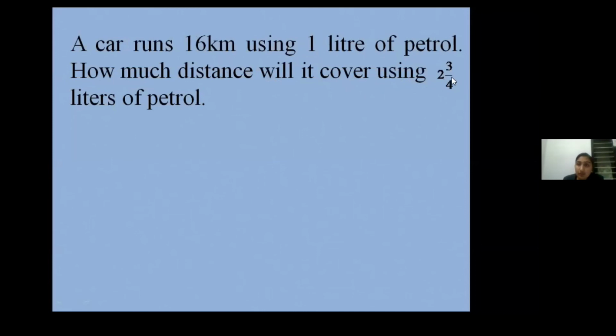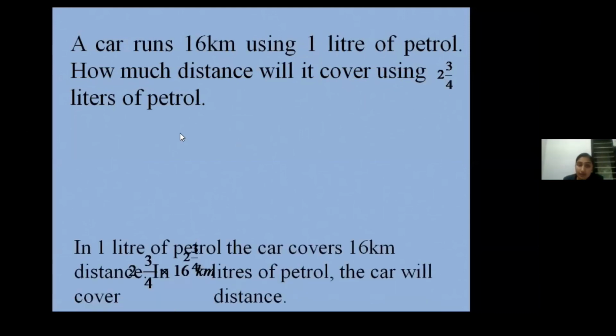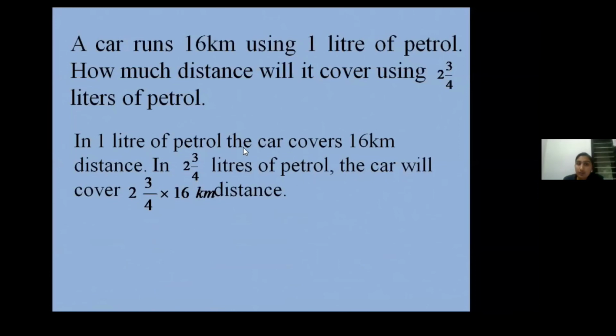The quantity of petrol is given as 2 3 by 4 liters, a mixed fraction. So in 1 liter of petrol the car covers 16 kilometers. In 2 3 by 4 liters of petrol, the car will cover 2 3 by 4 into 16 kilometers.